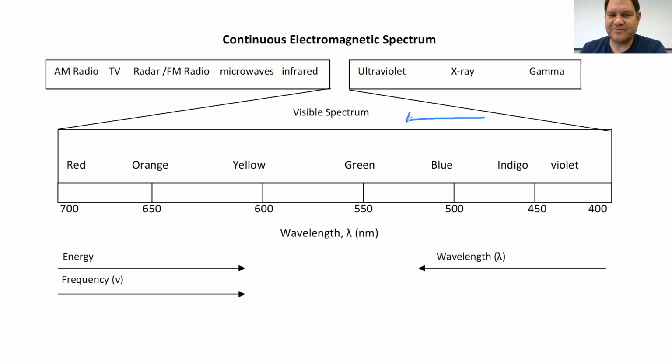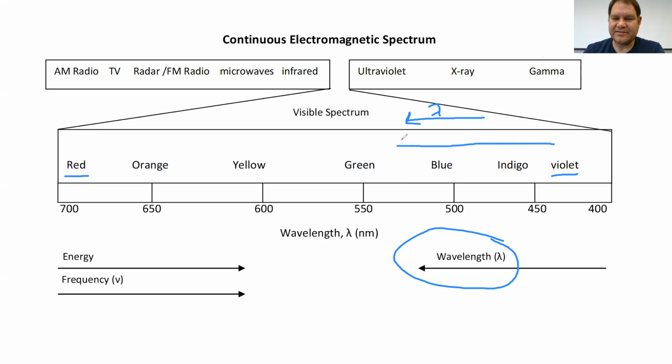But essentially, as we're moving in this direction from gamma to radio, the wavelength is increasing, which is indicated right here. The wavelength increases going from gamma to radio, which means that in our visible spectrum, the violet light has a smaller wavelength than red light. The red light has the largest wavelength.